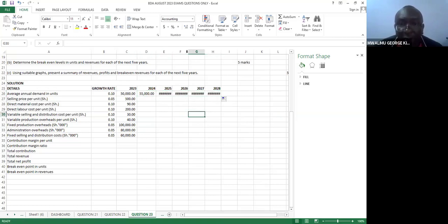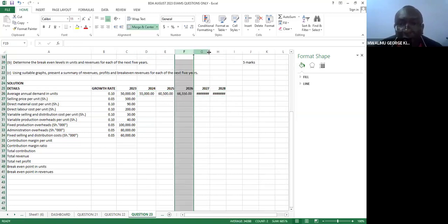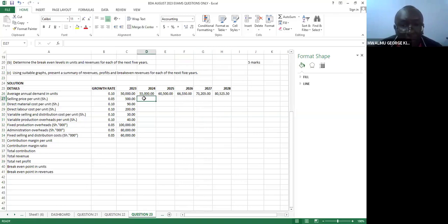So that means here we must expand. Tukuje hapa, we do the same thing, equals this times, open the brackets, 1 plus this, F4, close the brackets, enter. Let's copy up to that point.